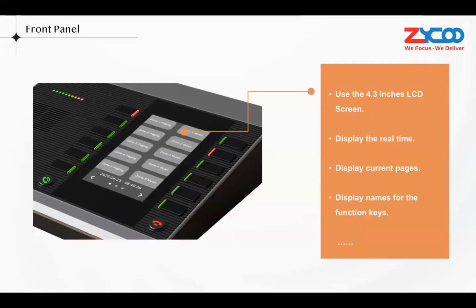Positioned above the screen are 10 functional button names for quick information. With this information, users can execute tasks faster and more accurately. Below this screen, you will find the real-time display and navigation arrows for seamless page switching.